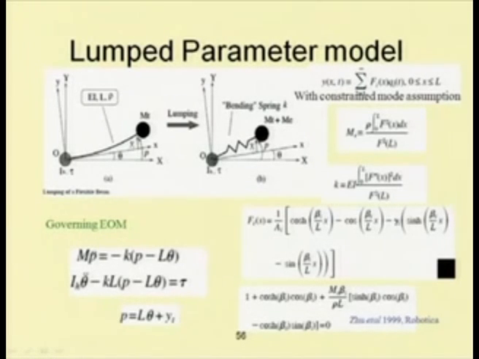So, the lumped mass present here is MT plus ME, and this is the bending spring. This ME can be obtained from this equation. Similarly, the stiffness K can be obtained from this equation, and the governing equation can be written in this form. So, these are brief hints given for deriving the equation.